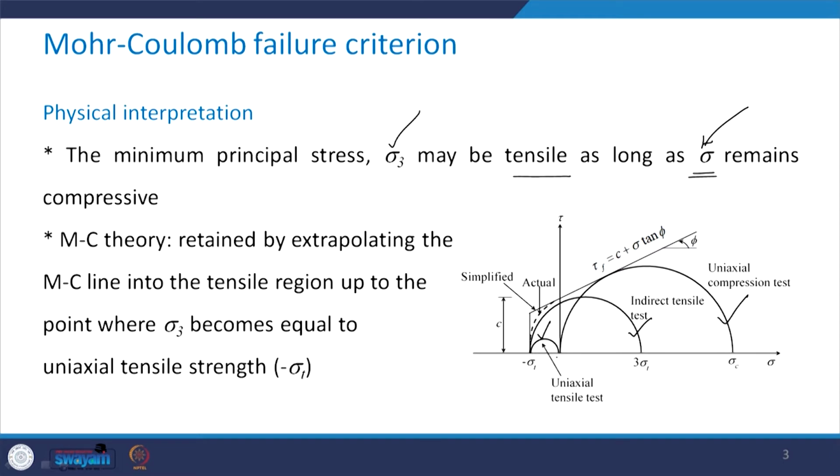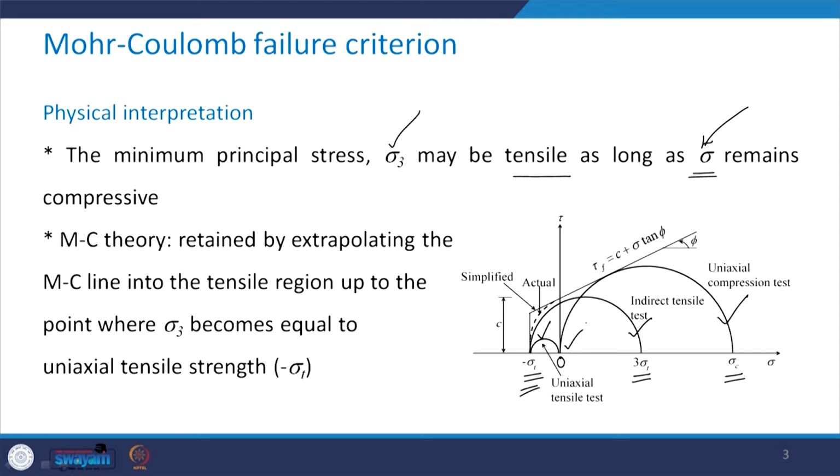For this small circle, sigma 1 is 0 and sigma 3 is equal to minus sigma t. For the indirect tensile test, the major and minor principal stresses are 3 sigma t and sigma t. In the uniaxial compression test, the major principal stress is sigma c and the minor principal stress is equal to 0.